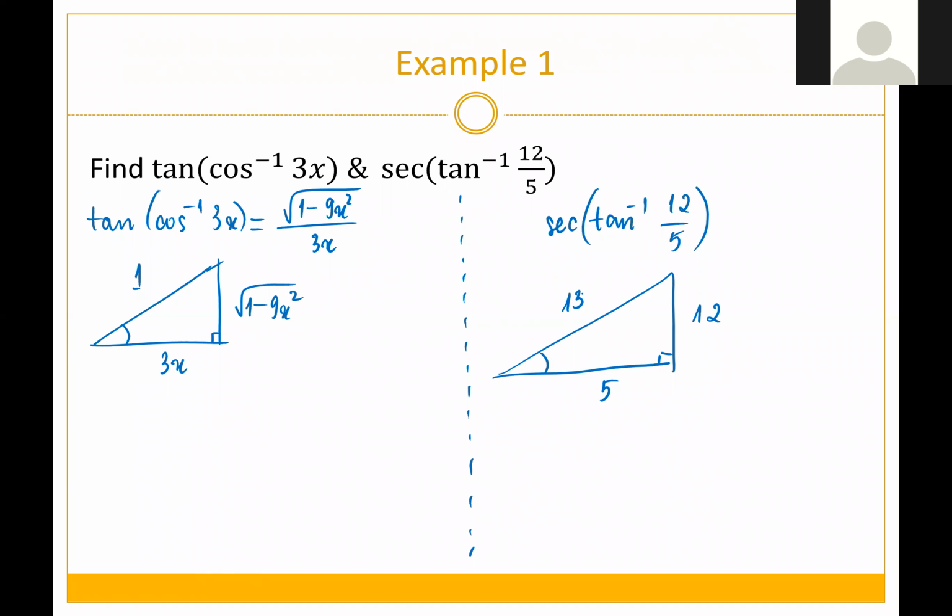Then we have secant of that. Secant is 1 over cosine. If cosine is adjacent divided by hypotenuse, secant is hypotenuse divided by adjacent, so the inverse of that. So 13 over 5. That is my answer for these two small questions. Is there any problem with this so far?